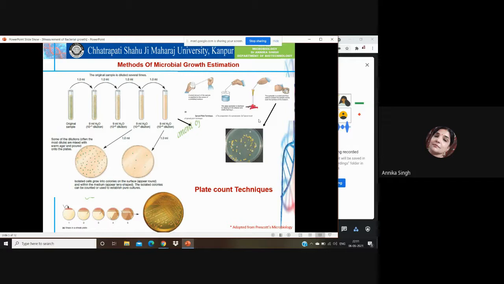So the number of colonies must be multiplied by the dilution factor. So the original sample must contain around 1.5 into 10 to the power 2 times 10 to the power 5, overall 1.5 into 10 to the power 7 cells per ml. We are talking about the original sample.